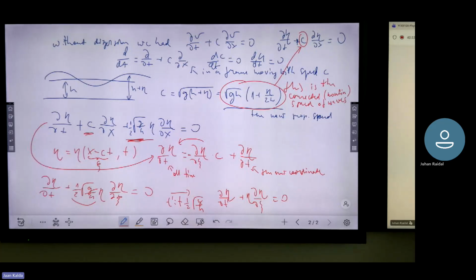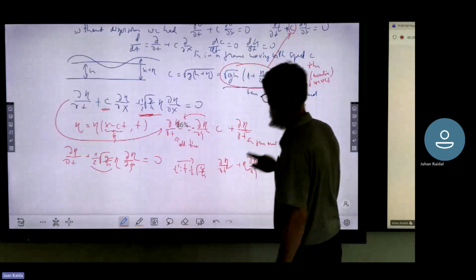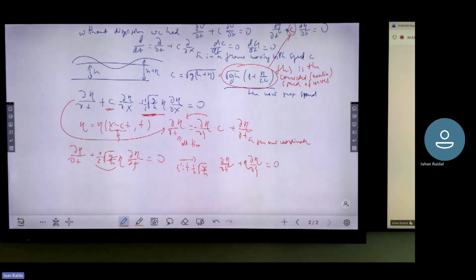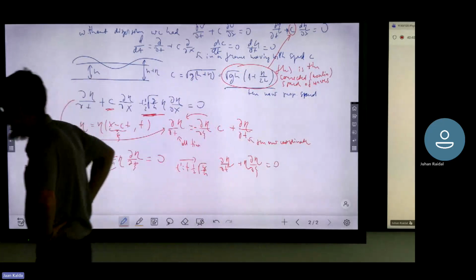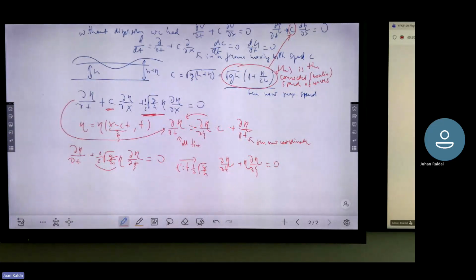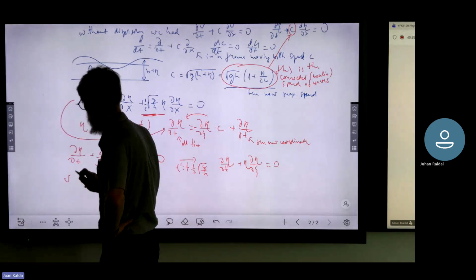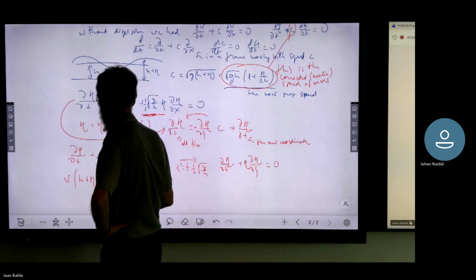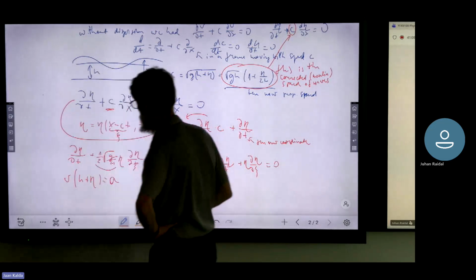Now here we can introduce the Lagrange derivative, because now this was supposed to be height, but because we have height and speed related to each other, in first approximation v multiplied by h plus eta is constant, let us say a.